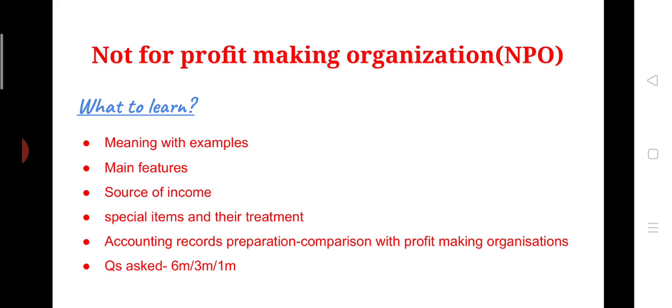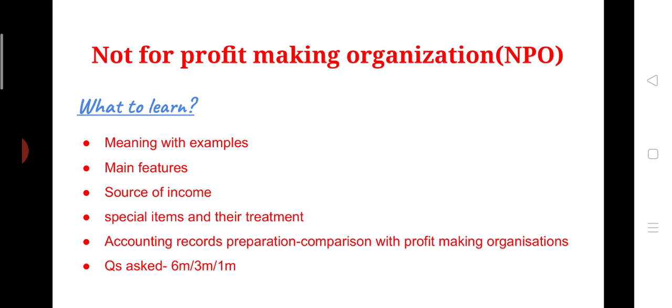So we have to see the meaning of NPO with some examples, the main features, the sources of income from where these NPOs get their funds, money. Then some of the special items and their accounting treatment in the NPO's accounting records, and some of the accounting records prepared, and we will also see the difference between the accounts prepared by NPO and accounts prepared by a profit making organization.